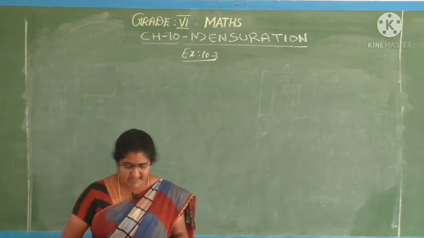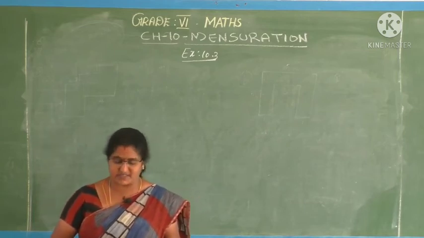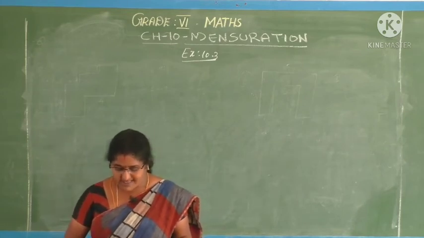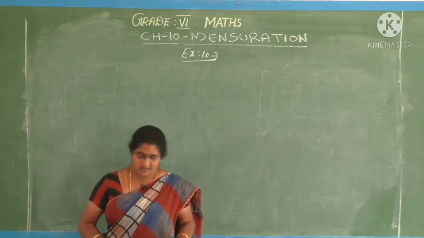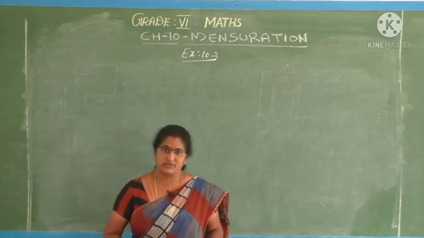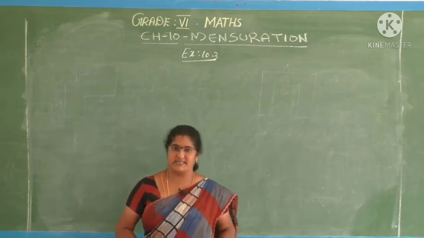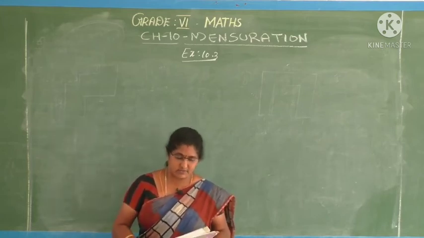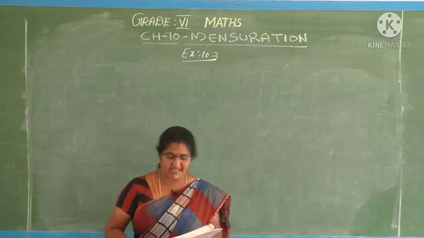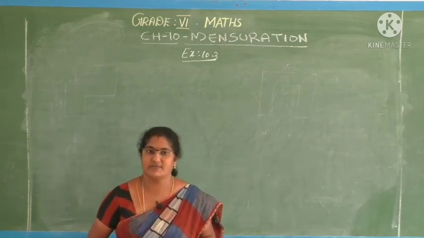How many tiles whose length and breadth are 12 centimeter and 5 centimeter respectively will be needed to fit in a rectangular region whose length and breadth are respectively 100 centimeter and 144 centimeter. This is one problem, and one more with 70 centimeter and 36 centimeter. Okay, see the question once again. How many tiles whose length and breadth are 12 centimeter and 5 centimeter respectively?